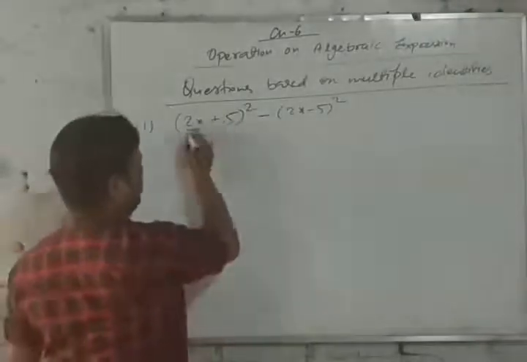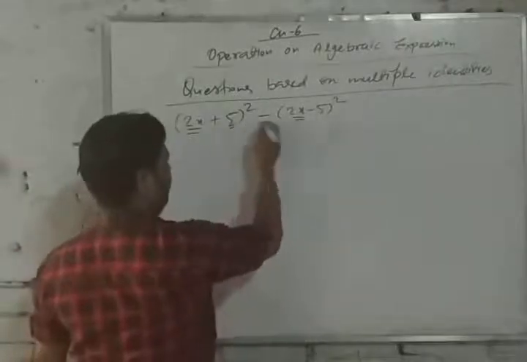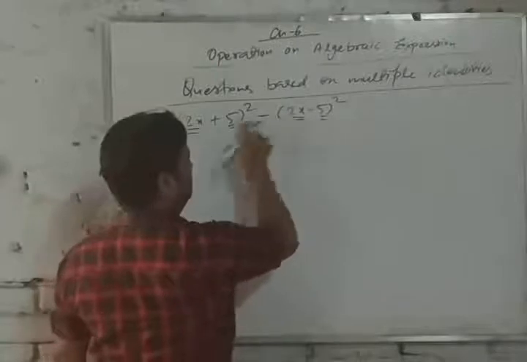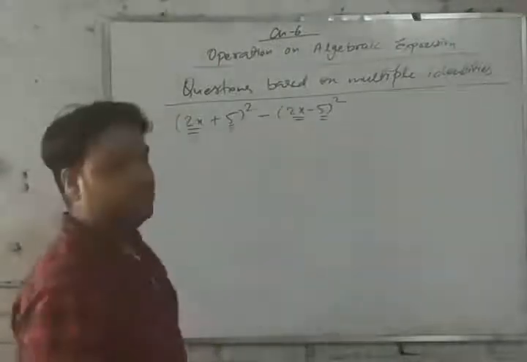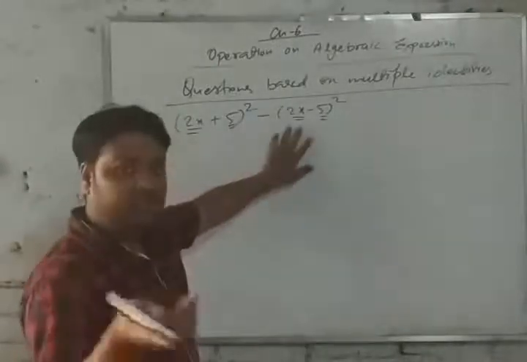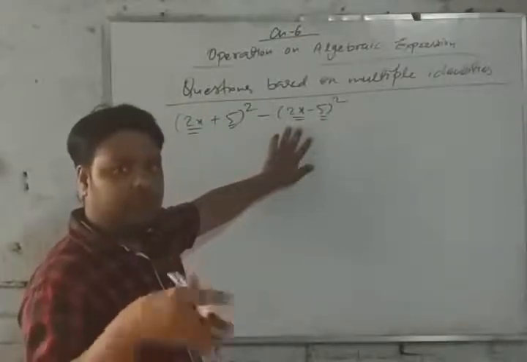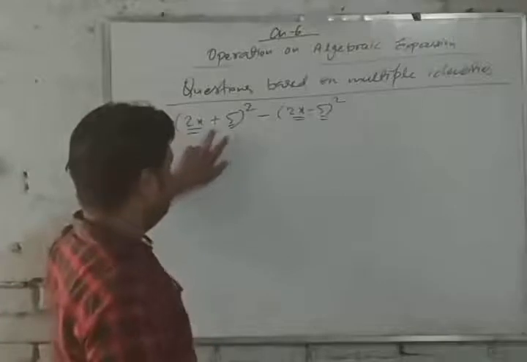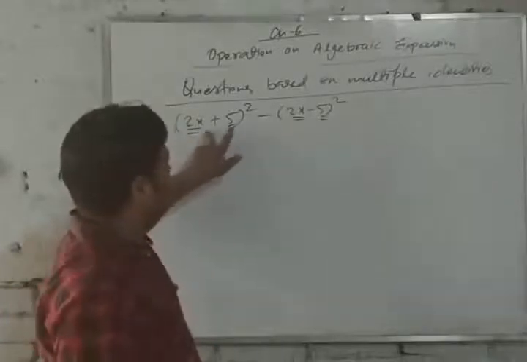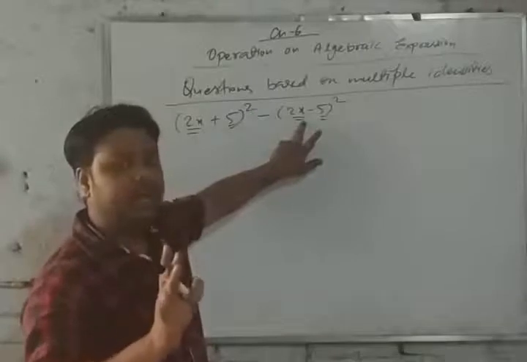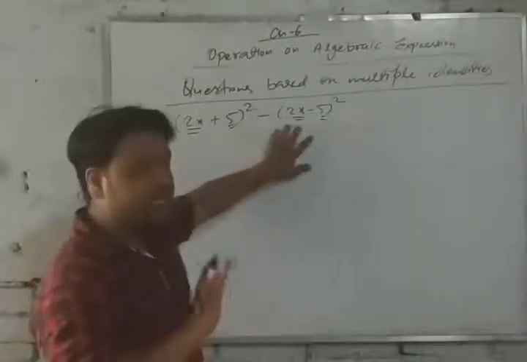Here you can see 2x matching, 5 matching, but here plus and here minus sign. That is, these two are not matching. If both match, then we will apply another identity. Okay, we will solve that question also. But here both binomials are not the same, so we will solve them separately.